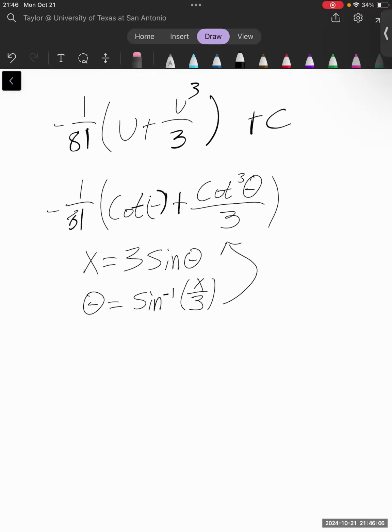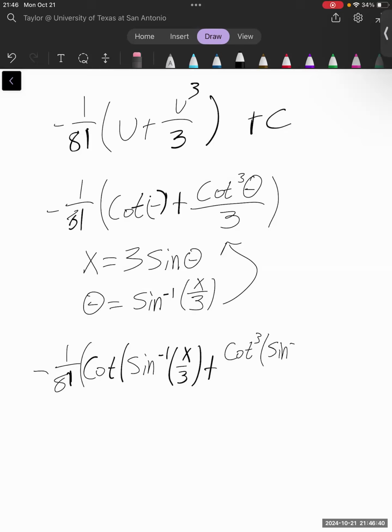Yep, so substituting this back in here, we're going to get 1 over 81, cotangent, not cosine, cotangent, sine inverse of x over 3, plus, making sure my parentheses line up where they need to, cotangent cubed, sine inverse of x over 3, over 3.